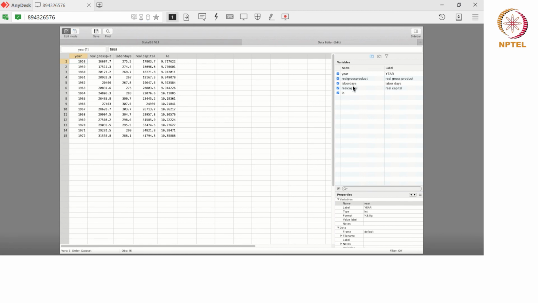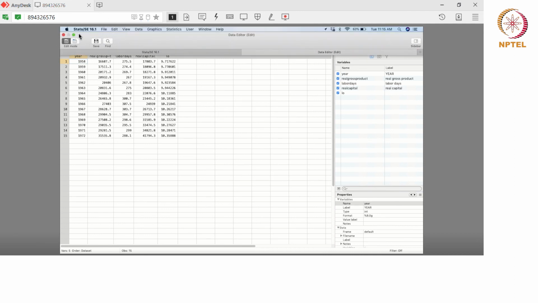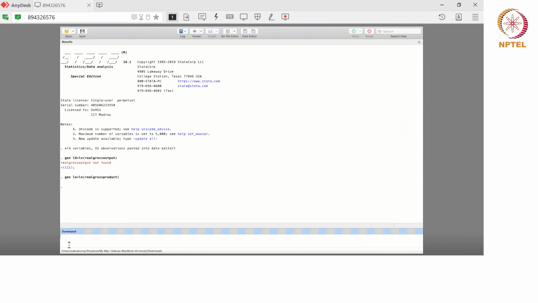So, in the same way you have to convert these two variables also, labor days and real capital. I will put another gen command, gen L1 equals ln labor days, and this variable is now converted into log.